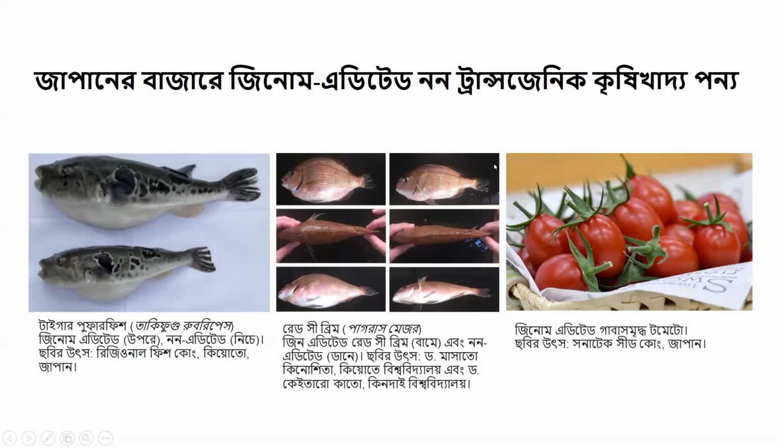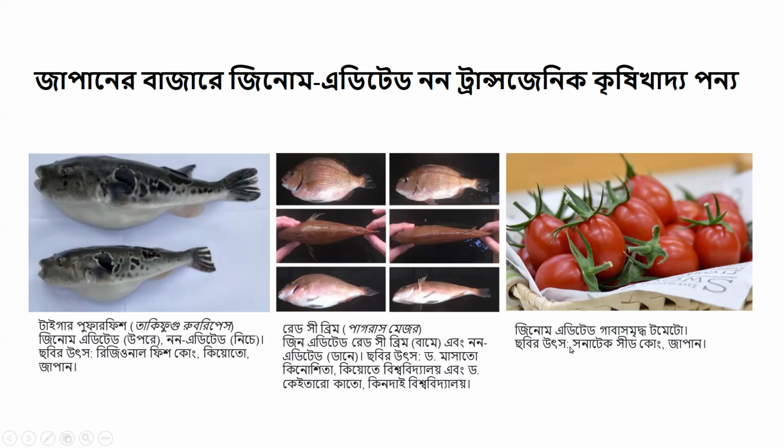But muscle production in both cases is a key trait, and by editing the gene, they improved the muscle by 40 to 60%, and now they are in the market. Actually, a company and Kyoto University, Masato Kinoshita, Kyoto University, and Dr. Keitaro Kato, Kindai University, with some industry, regional fish company, developed these two genome edited products, and they are in the market.